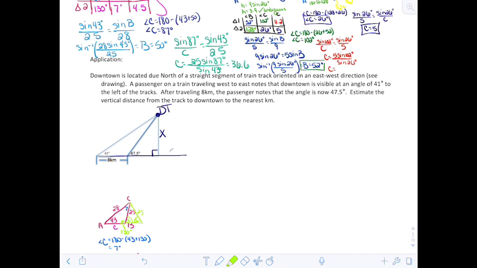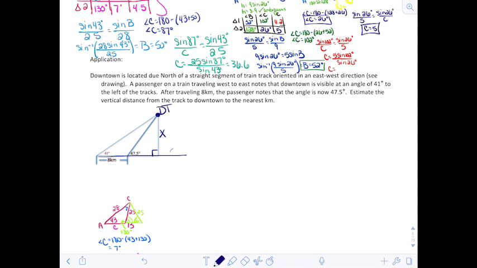You can look at the right triangles here and realize we're going to use right triangle trig in the end to get what we want. We've got that big right triangle, or you can see that we have this littler right triangle to get x. However you want to do it, it doesn't make a difference. You'll get the same value.